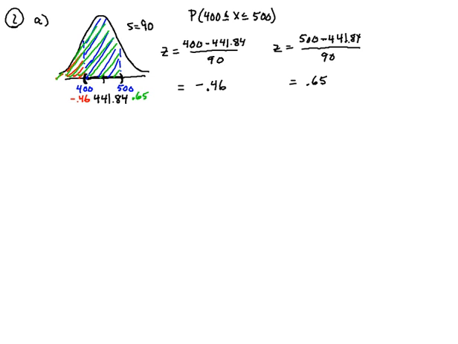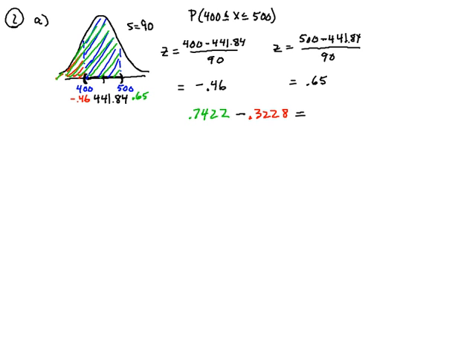If I look up 0.65, I get 0.7422. So that green shaded region is 0.7422. If I look up the negative 0.46, I'm going to get 0.3228. To get the blue area that I want, I'm going to subtract those two.